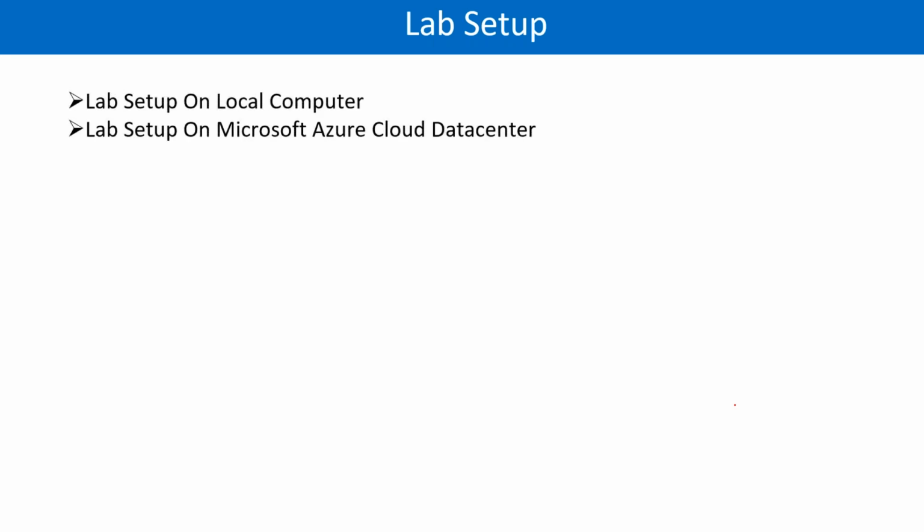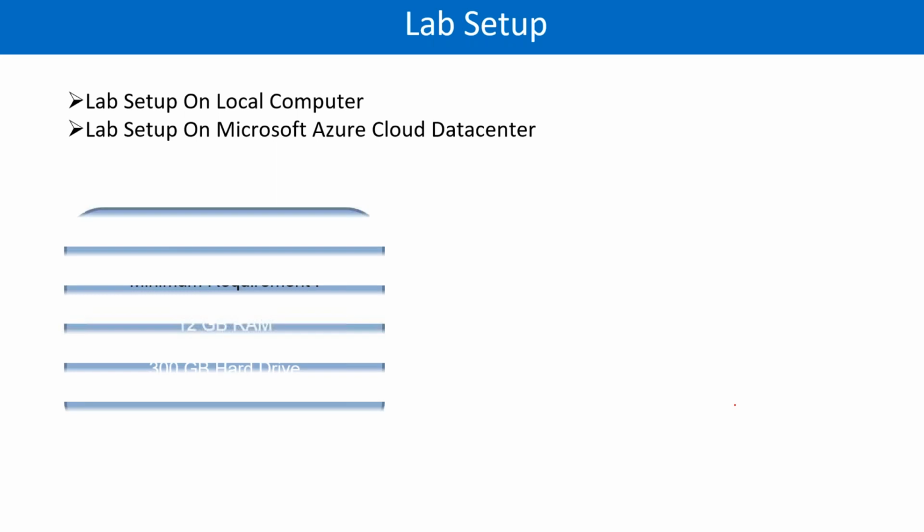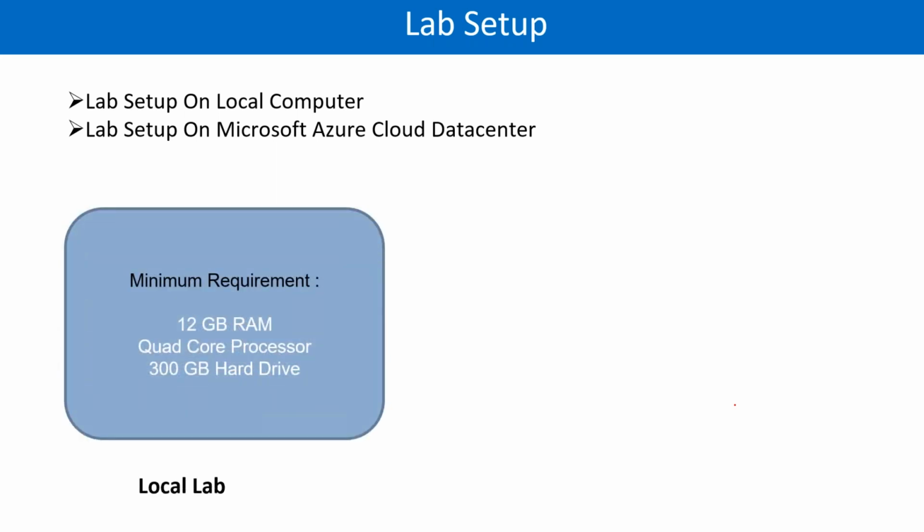Now we will be doing a lab. Everyone will have to set up your lab either on a local computer, or we do it on Microsoft Azure Cloud Data Center. If you are doing it on a local computer, you need to have minimum 12 gigabyte of RAM, quad core processor, and 300 GB of hard drive space.